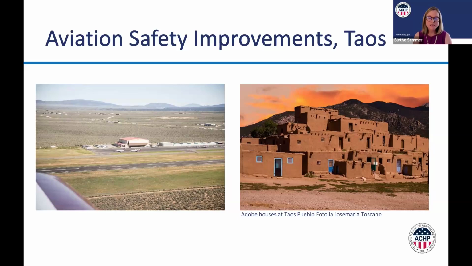FAA concluded the unique status of the Pueblo as a World Heritage Site merited measures that were outside the usual realm of what's discussed for mitigation and incorporated those finally into an MOA that was signed in 2011, a memorandum of agreement to conclude the Section 106 process.